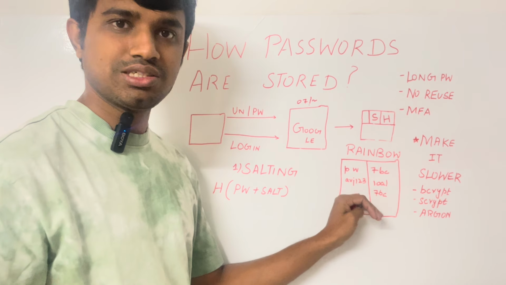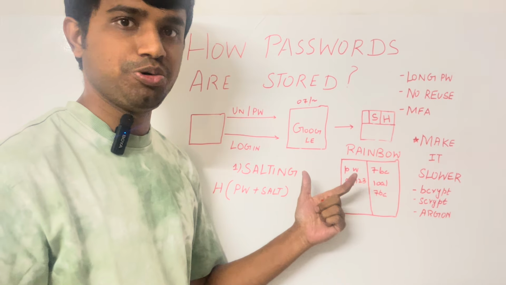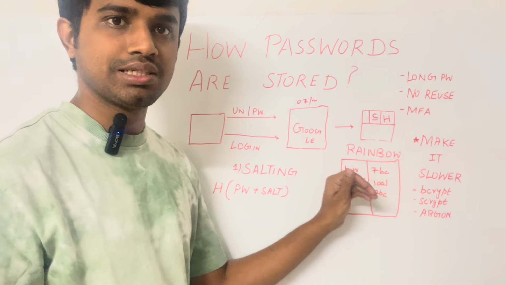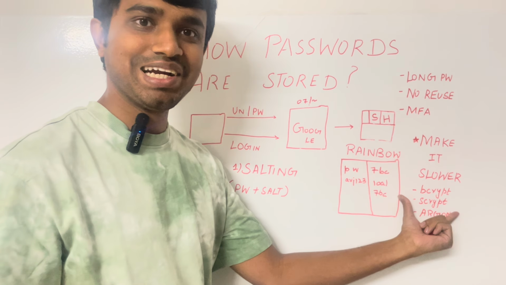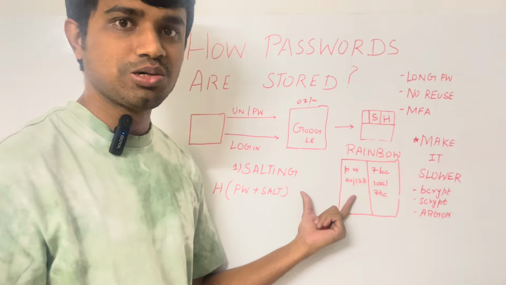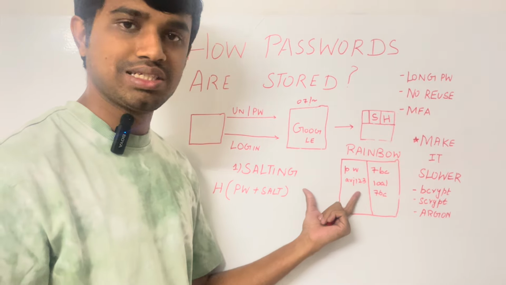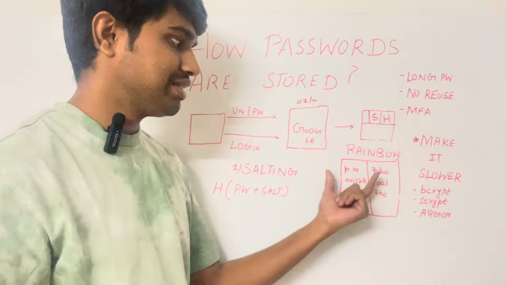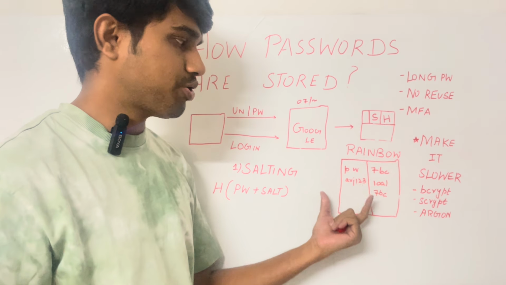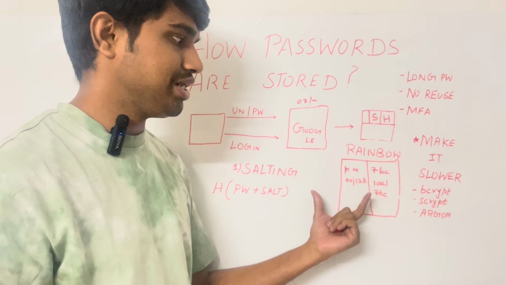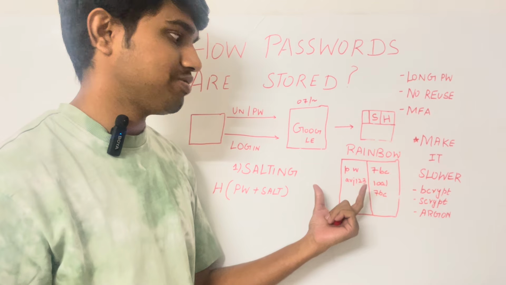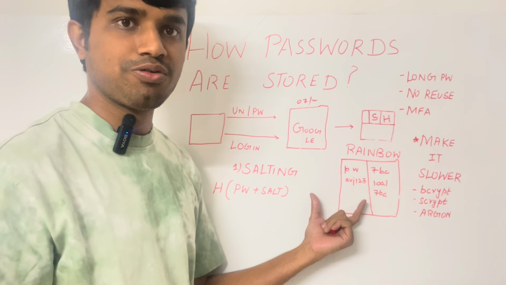Say the hacker is using a very GPU-intensive computer to generate all the hashes pretty fast. These algorithms are written in a way that puts hard requirements on the hardware, so that whatever the hacker does, generation of these hashes is very slow. So in order to generate a lot of passwords, they need to spend a lot of cost and time, which makes it a little bit harder for them to proceed.